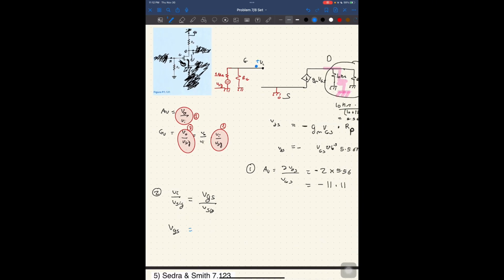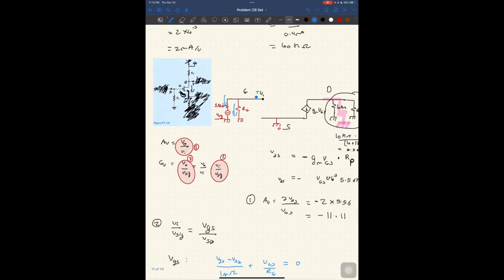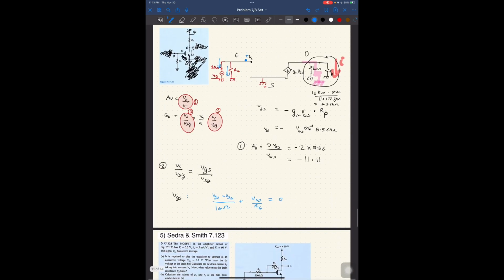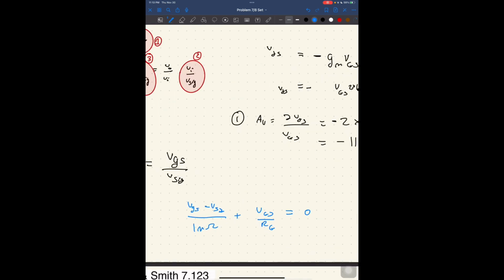So VGS minus VSig over 1 mega ohm, so the current flowing in this direction, plus VGS minus 0 over RG, so the current flowing in this direction, is equal to 0, and RG is nothing but 10 mega ohms.